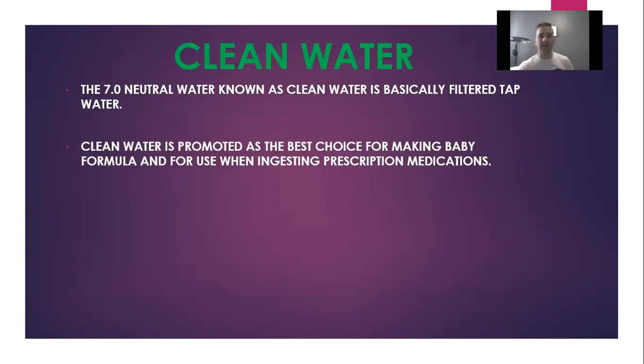Clean water is promoted as the best choice for making baby formula and for use when ingesting prescription medications. Okay, Enagic recommends that people take the clean water with prescription medications because some medications have specific time release properties, or they target specific areas of the body, and some people are on 1 medication, some people are on 12 medications.